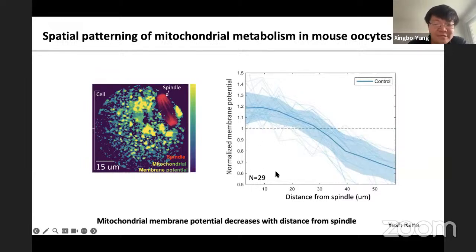This is averaged over 29 cells, so it's a very significant, reproducible pattern. In short, mitochondrial membrane potential is not uniform, it's heterogeneous, and it decreases away from the spindle, because we know the membrane potential is high when the TMRM signal is higher, as you can see from the oxygen drop experiment that actually shows this relation. Therefore, you have higher membrane potential close to the spindle and lower away from it.